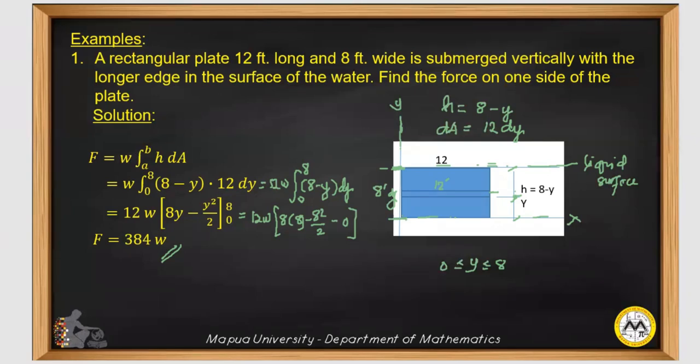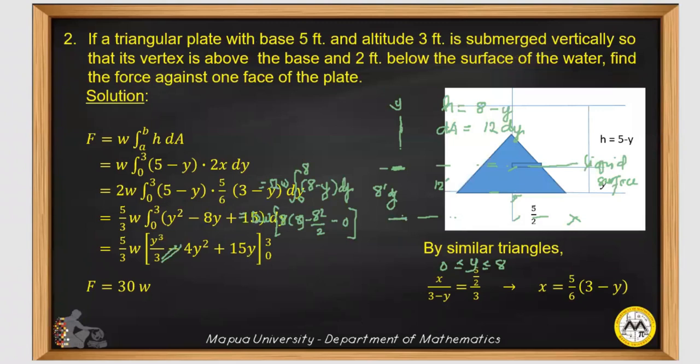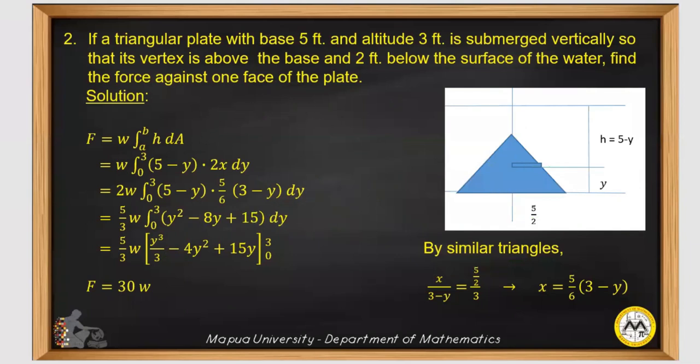And if we consider the second example, then let us have a triangular plate with base 5 feet and altitude 3 feet.